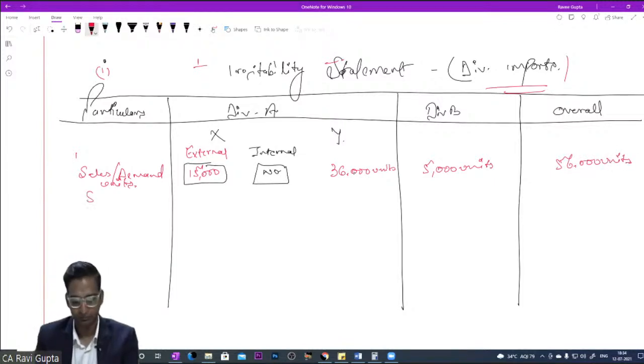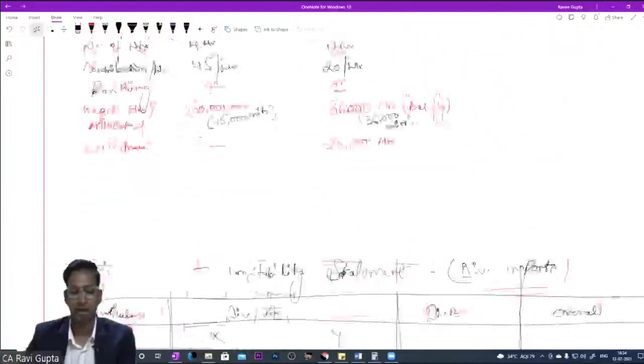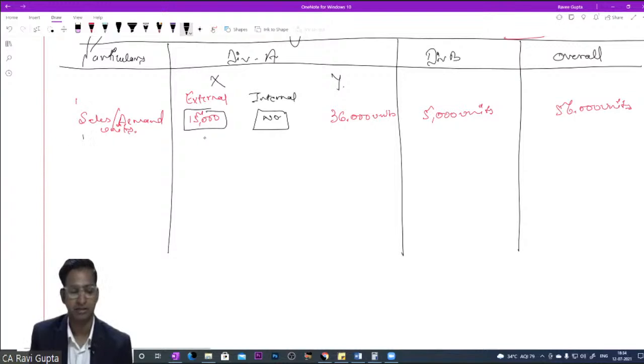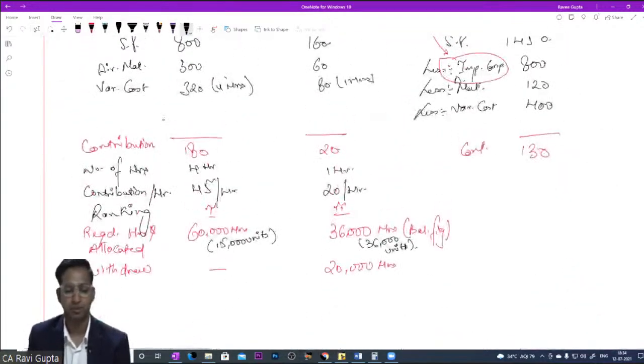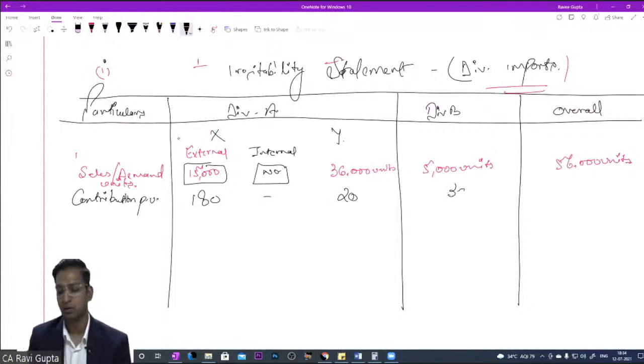Now, we have selling price 800, or we can directly write down the contribution by referring to the previous statement. So the contribution per unit is 180, 20 and 130, multiplied by sales demand.